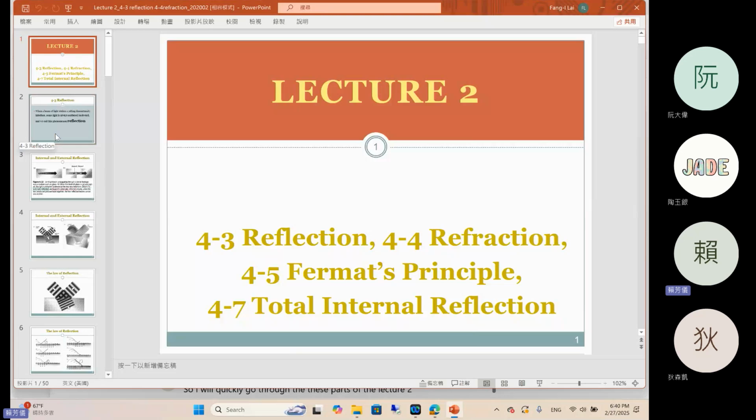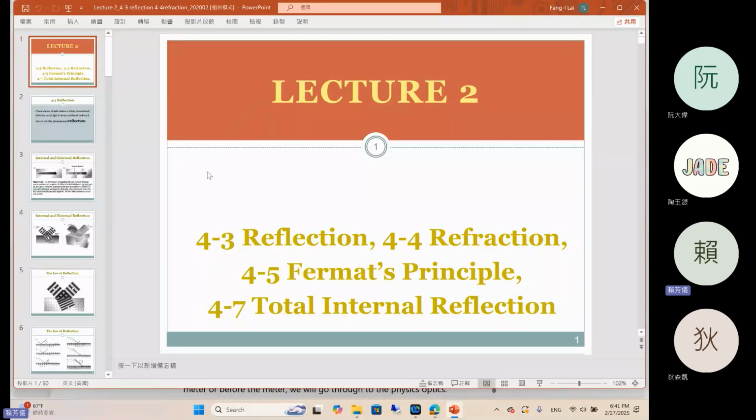For semiconductor optics, in this semester I will discuss geometry optics in the first part, and following that, maybe after the midterm or before the midterm, we will go through physical optics.